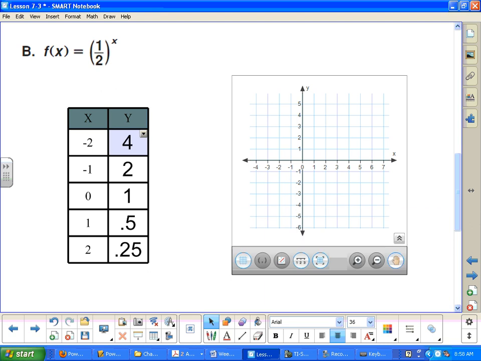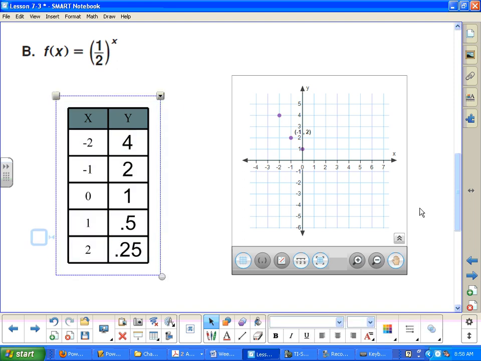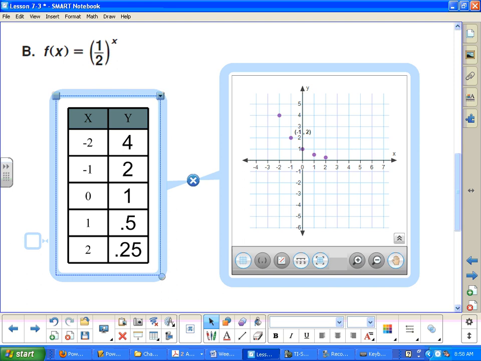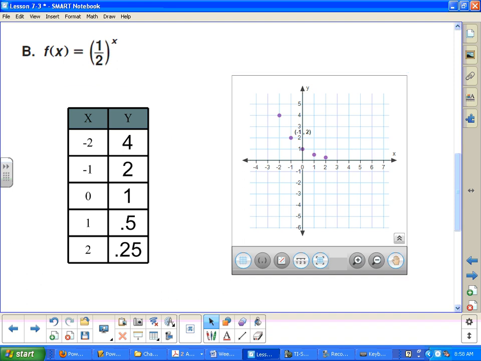So I've got the points, let's see, 0, 1; negative 1, 2; negative 2, 4. All right, so I got those 5 points there.